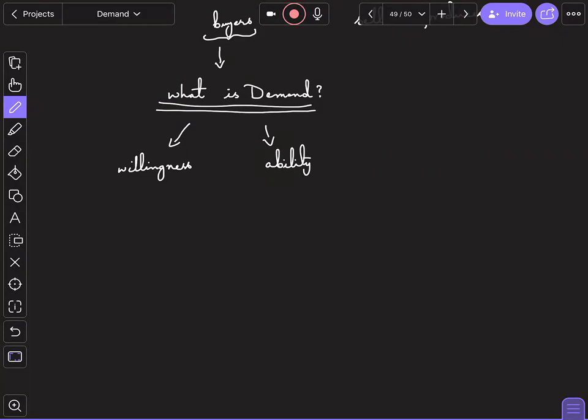Like for instance, if I am willing to buy a good, then I will demand the good in the market. And ability refers to whether you have the purchasing power, whether you have the money, whether you have the means, whether you have the income to buy the good. If these two things are present, if the consumer is willing and if the consumer is able, then you have the effective demand.